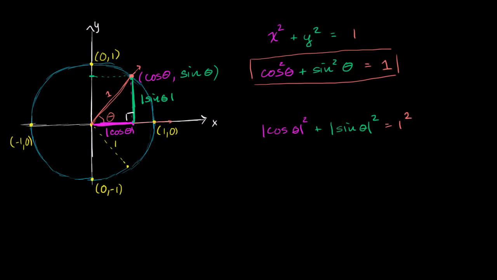So this is the same thing as saying that cosine squared theta plus sine squared theta is equal to 1. So once again, this is why it's called a Pythagorean identity. And actually, that's even where the equation of a circle comes from. It comes straight out of the Pythagorean theorem, where your hypotenuse has length 1.